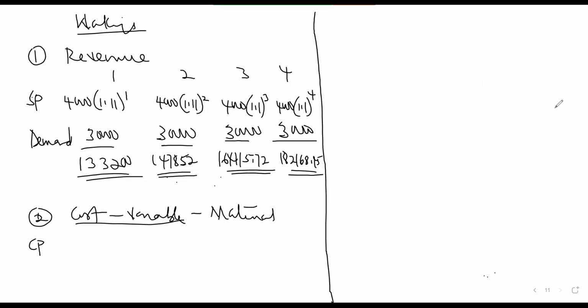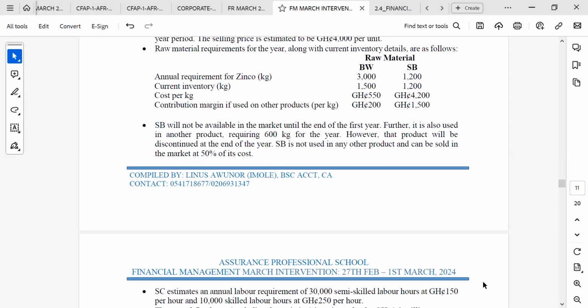Let's come to the material. The material, we do the first one. What is the cost for the first one? The material BW, what is the cost? Can you see the 550 per kilogram?